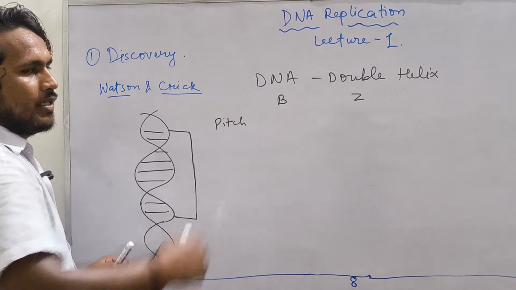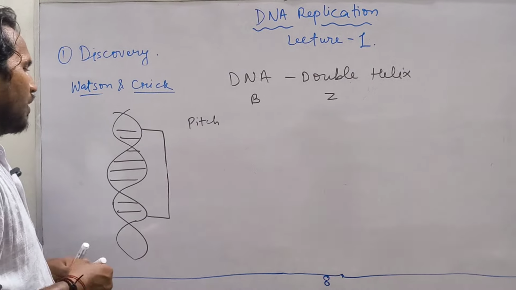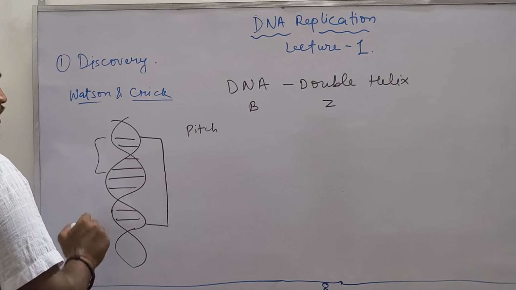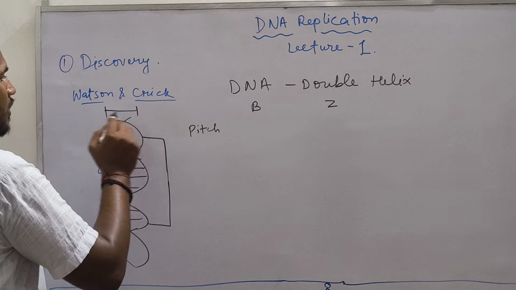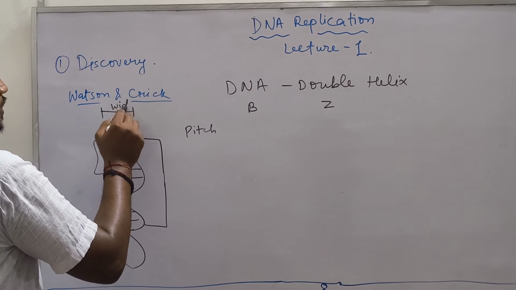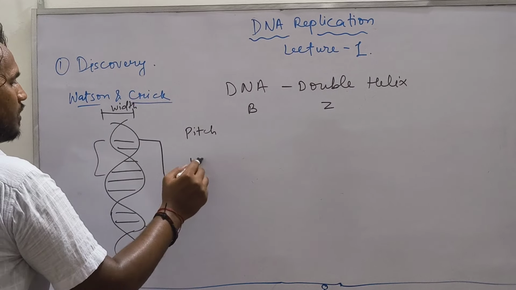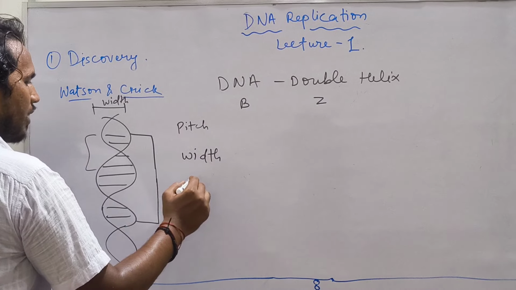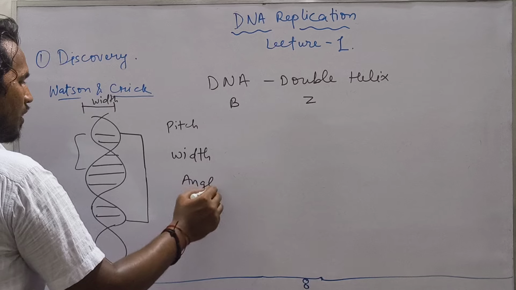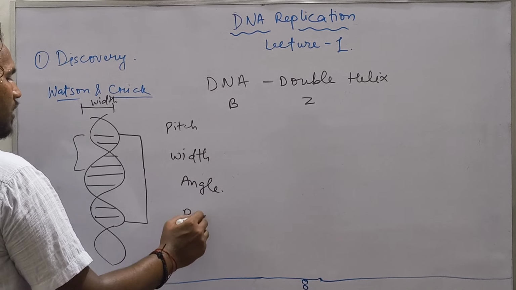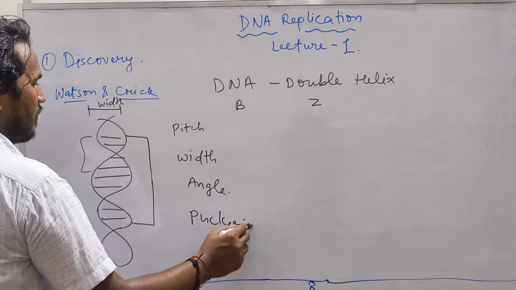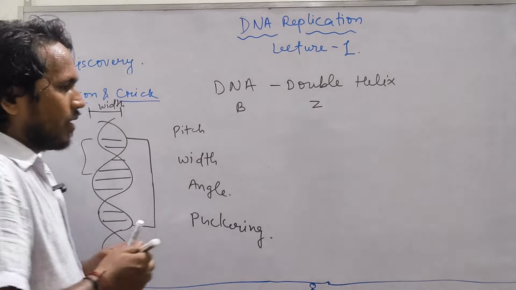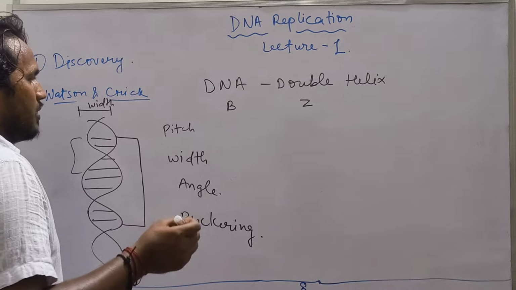In B and Z DNA, these are different. And then there are the major and minor grooves, and this is the width, and then the angle, and there is puckering, which are the important things for higher studies.